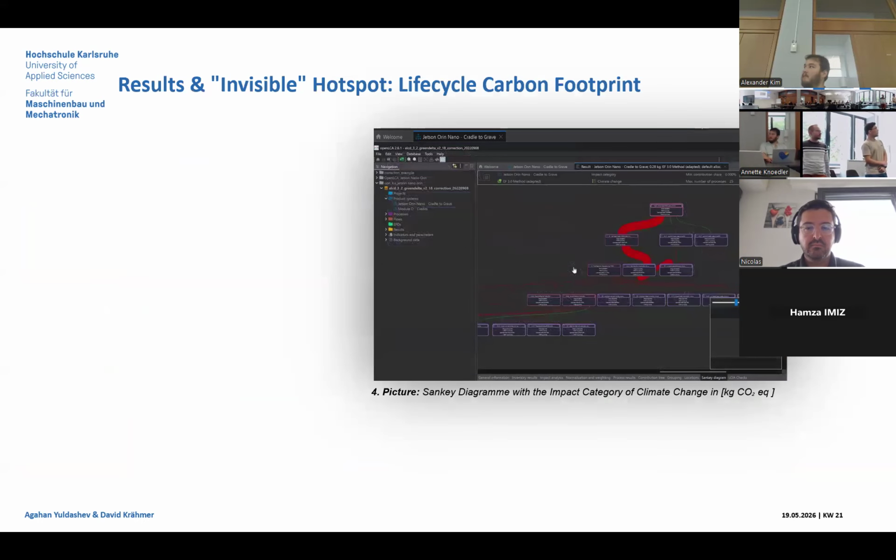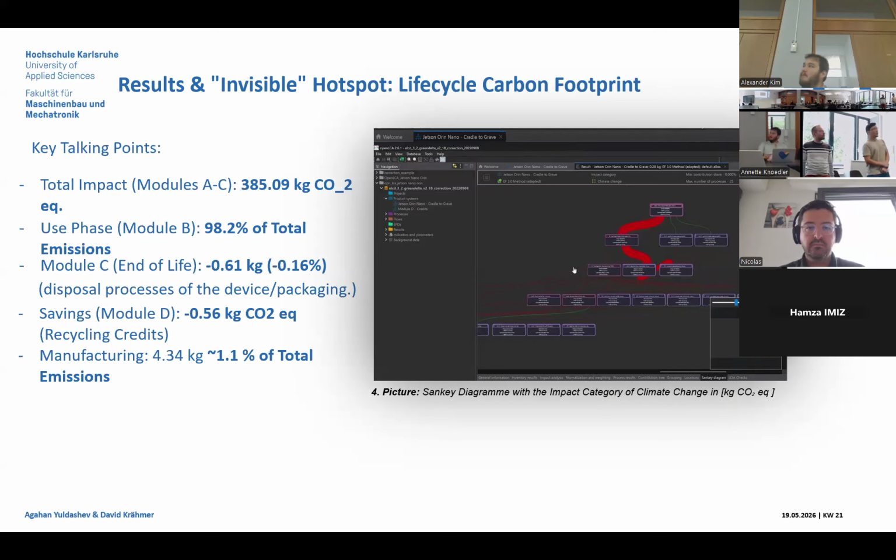The main takeaway is that our total impact of our product is 385.09 kilograms of carbon dioxide equivalent, and it's really important to identify that the use phase accounts for almost 99% of total emissions.